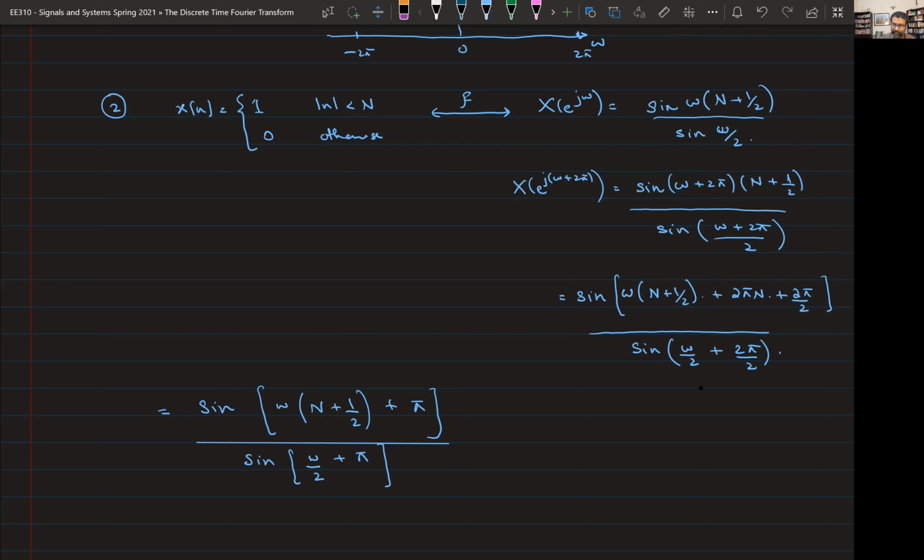But can I simplify this a little bit further, the numerator divided by the denominator? What happens to a sine or cosine for that matter when you add pi? What is sine of theta plus pi? It does not become cosine. Cosine becomes when you add 90 degrees.